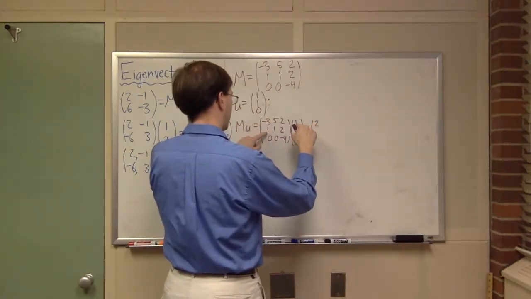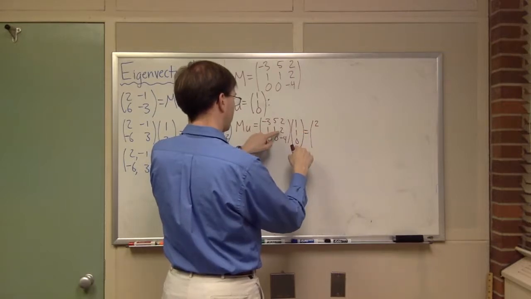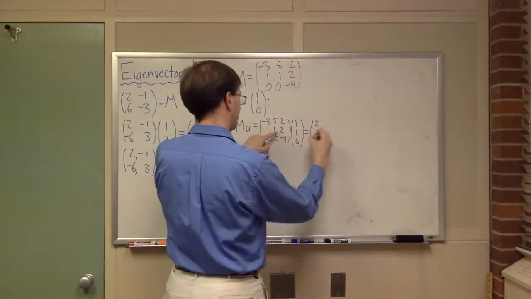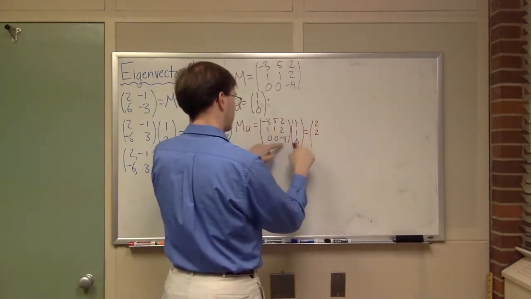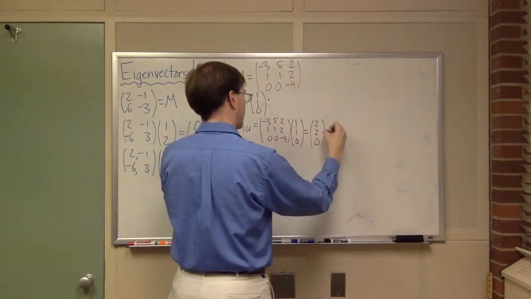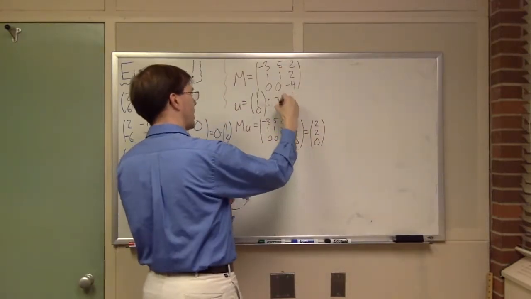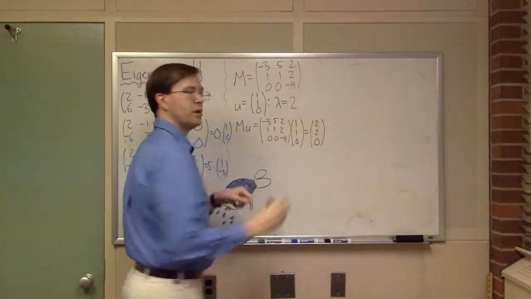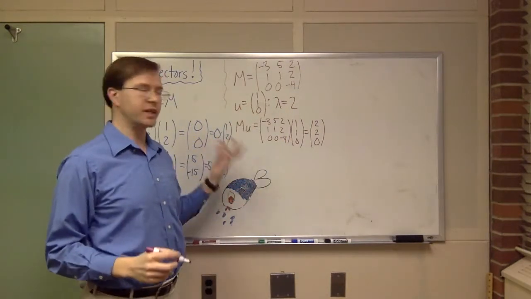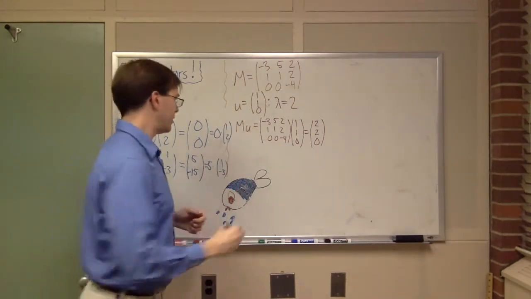I get 1 plus 1 plus 0 is 2, and I get 0. So that's 2 times this, so lambda equals 2 is the eigenvalue for this particular vector.